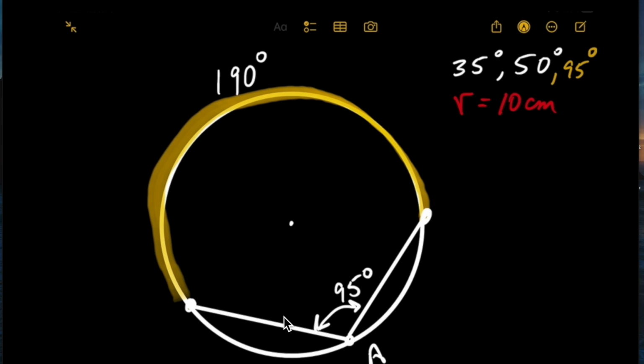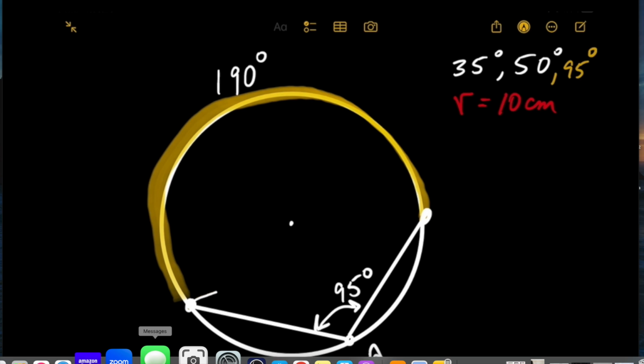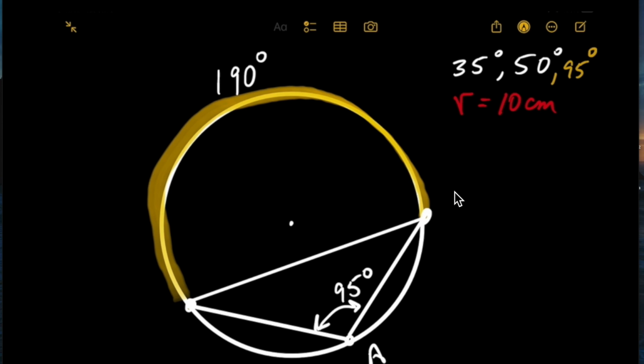Okay, if these are two sides of the triangle that create angle A, then this must be our triangle right there. All right, so one of these is going to be an angle of 35 and one is going to be 50. I'm going to call this the 35-degree angle, and then we're going to call this the 50-degree angle. That means this arc captured opposite to the 35 degrees is going to be 70 degrees here.